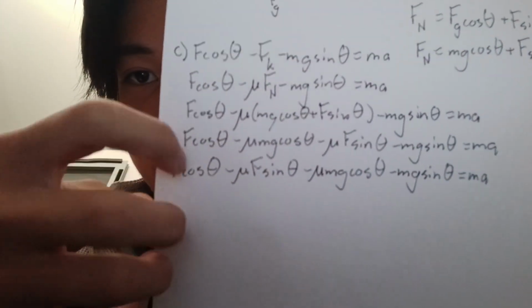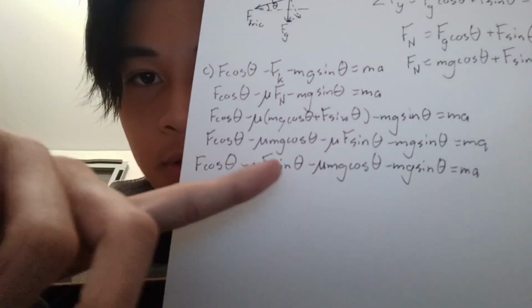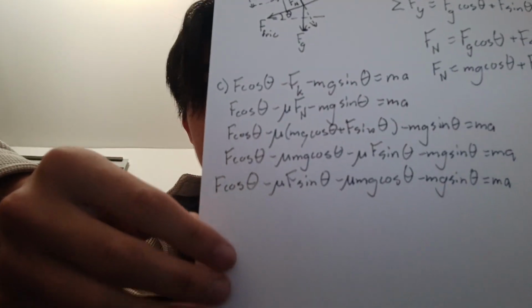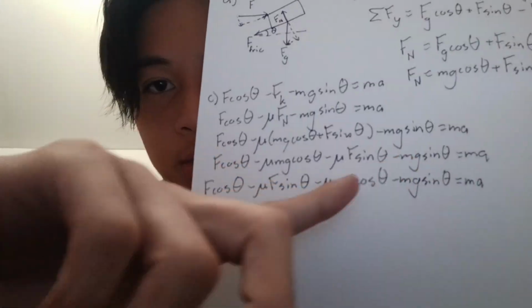Rearrange the equation so that the F's are next to each other and the mu mg's are next to each other. And then we can factor out F from here and factor out the mg from these two.